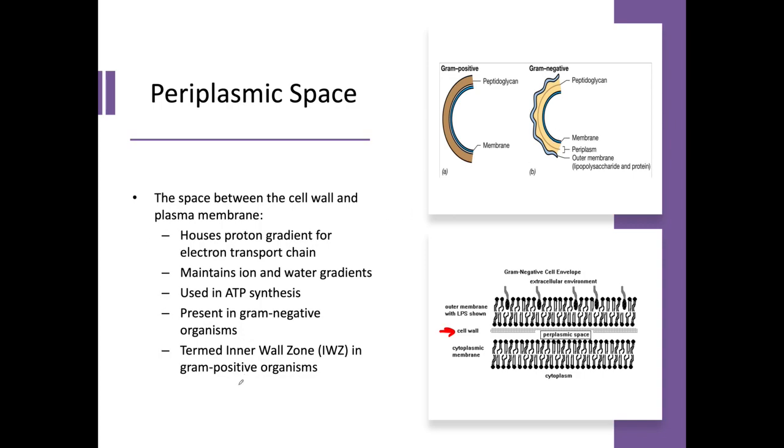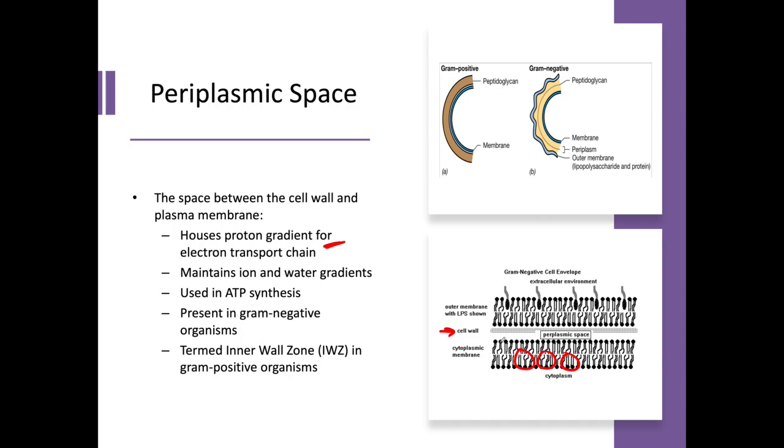This periplasmic space, however, is very, very important. It is important for housing the protons used to create proton motive force and the proton gradient for electron transport chains. Electron transport chains for energy production require a membrane, and the only membrane in a bacterial cell is its cell membrane. So the electron transport chains will all be housed inside of the cell membrane there.